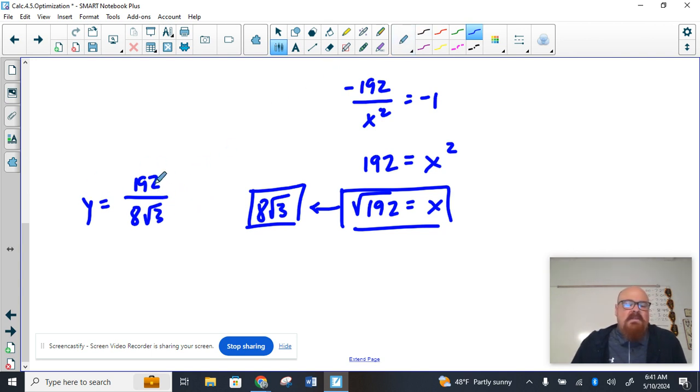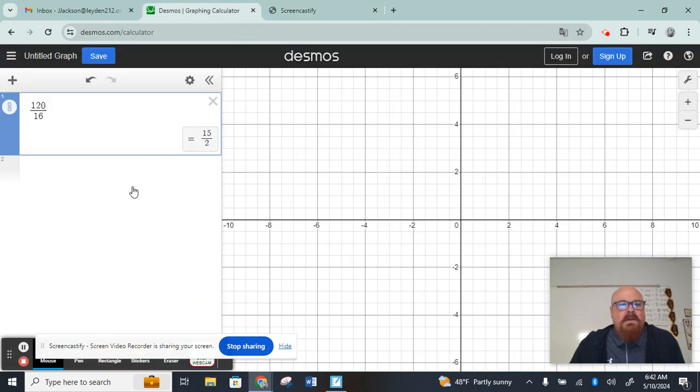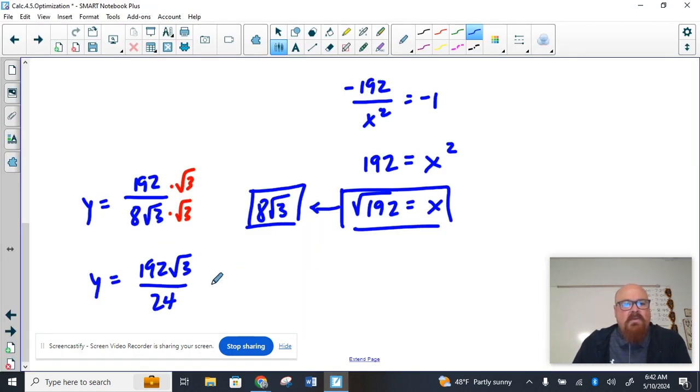If you said this is our value of y and you just wanted to move on, I wouldn't blame you, but again, we're going to rationalize this. So we're going to multiply by radical 3 on the top and bottom. So we get y equals 192 radical 3 over 24. 192 over 24. Yeah, I'm going to cheat here. Is 8. How about that? Awesome. So 192 over 24 is 8.